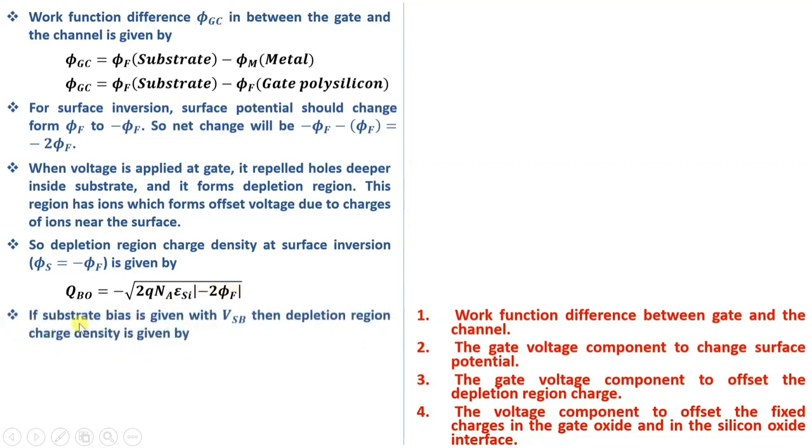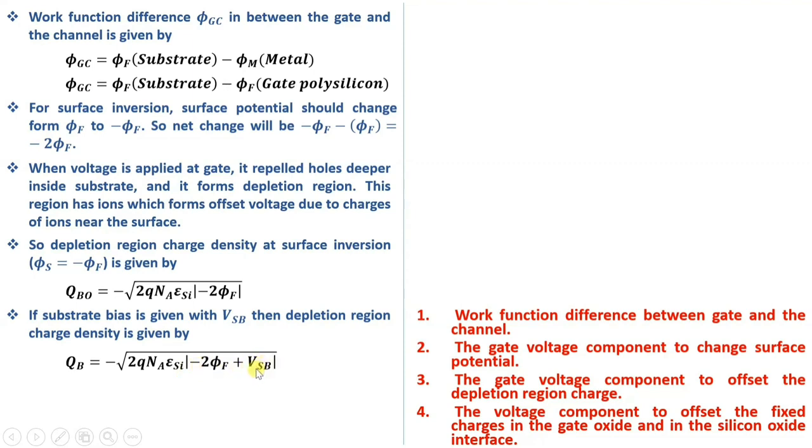Now here, if substrate bias is given, which is VSB, then this depletion region charge density will change, where we need to add this substrate bias voltage with this minus 2 phi F. So now in case of substrate bias VSB, this QB will be minus square root of 2q Na epsilon Si into mod of minus 2 phi F plus VSB.